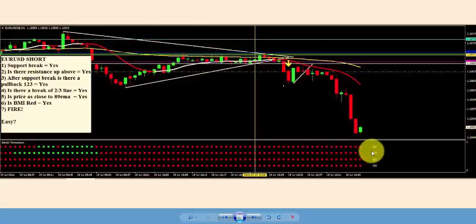So if I've got these two with the same color, I'm looking to trade in the direction of the color. If the color is red, I'm looking for shorts, and of course if the color is green, I'm looking for longs. As I say, B1 and B2 are intraday and scalping.